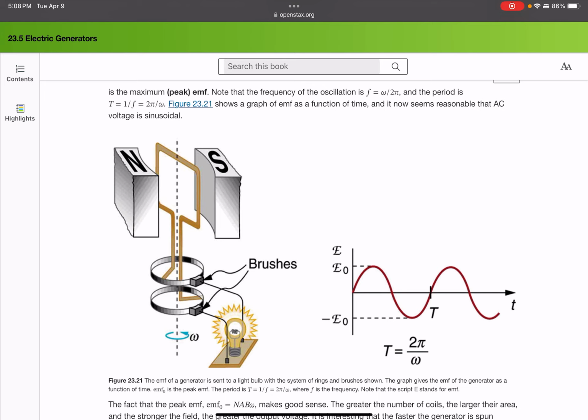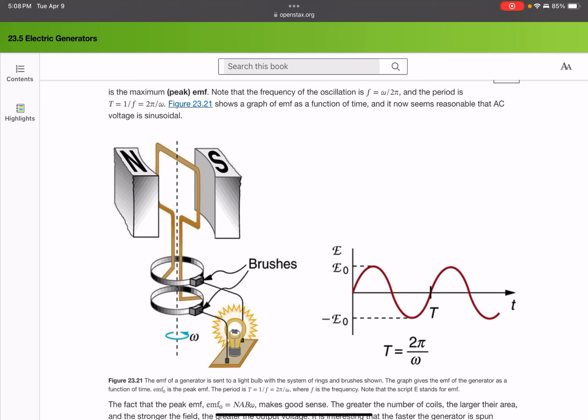As it does, these brushes on the rings will generate current, and we came up with our maximum EMF, or what the book calls E naught, which is terrible because it's not the initial, it's the maximum. They should just say maximum, but whatever. So we've got our maximum EMF going from the peak and then down to the valley.